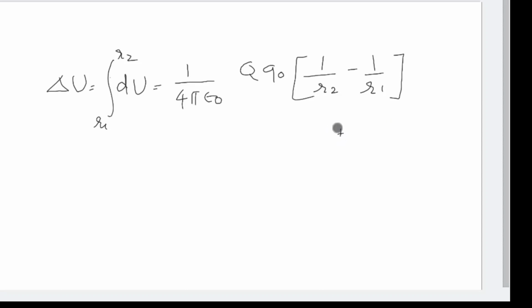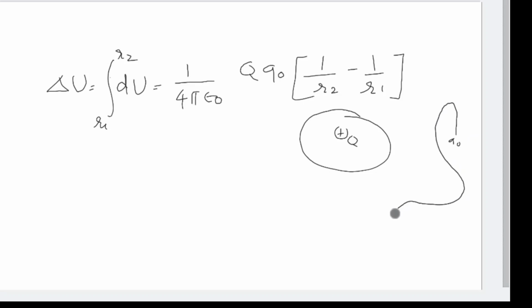I am taking here a small q source charge, and the electric field is around it. Suppose this is the q0 charge. Now it is displacing like this, like this, somewhere here, and it will come to this point. So what is the actual displacement?